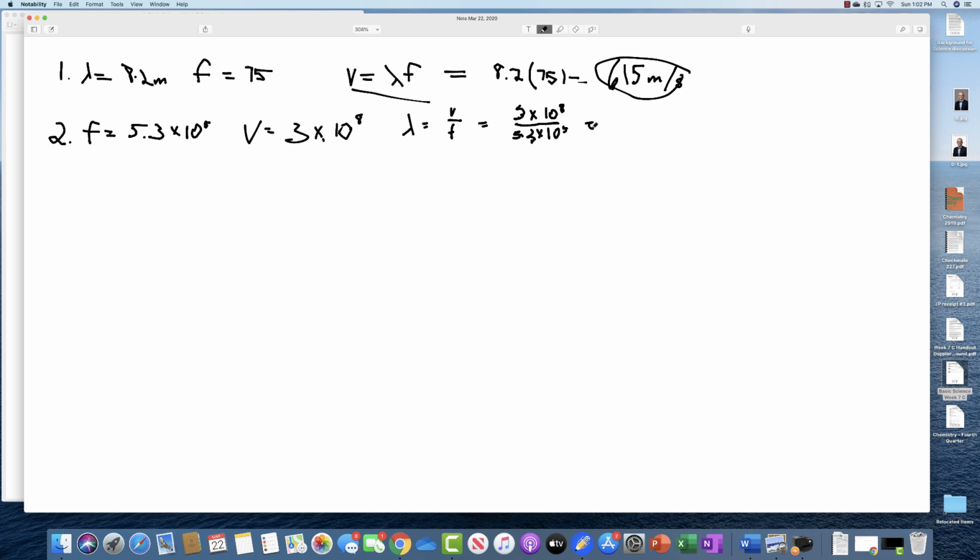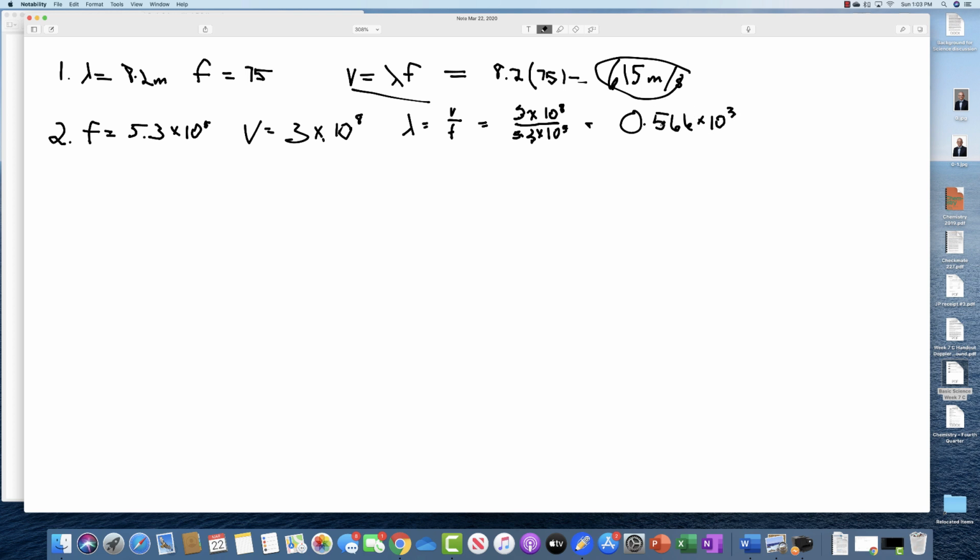If you take 3 and divide it by 5.3, you get 0.566. Then when you divide, you subtract the exponent, so you subtract this 5 from 8. That's going to be times 10 to the third.